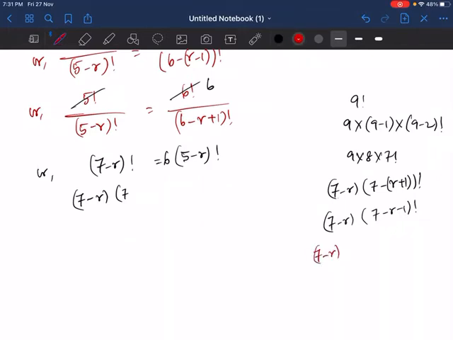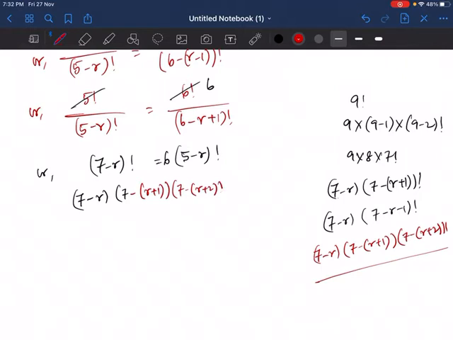So 7 minus r, 7 minus r plus 1, 7 minus r plus 2 factorial. Now you see you are getting 5 minus r factorial. So 7 minus r, 7 minus r plus 1, 7 minus r plus 2 factorial is equal to 6 into 5 minus r factorial. Now let's see what you get.